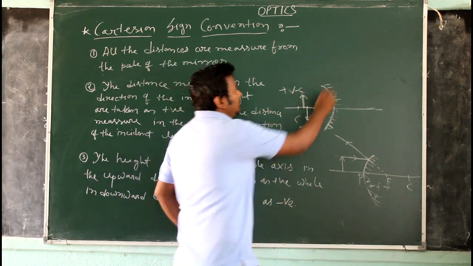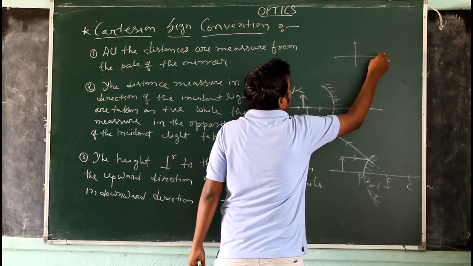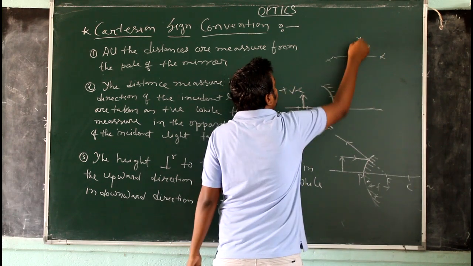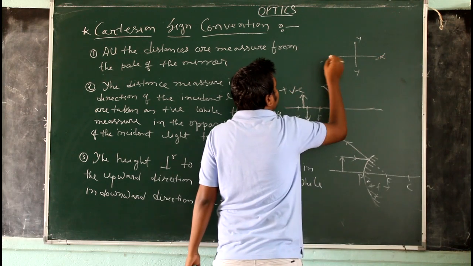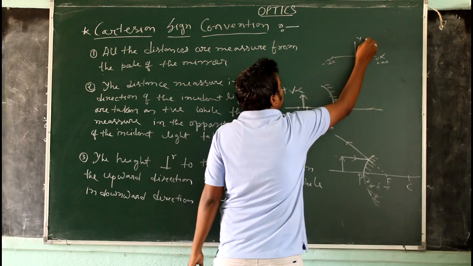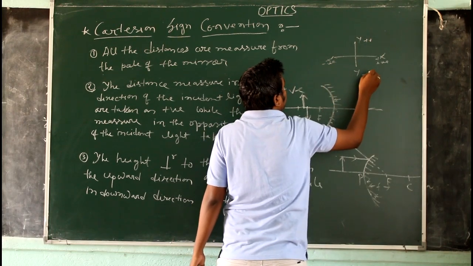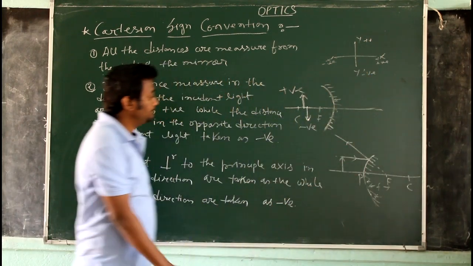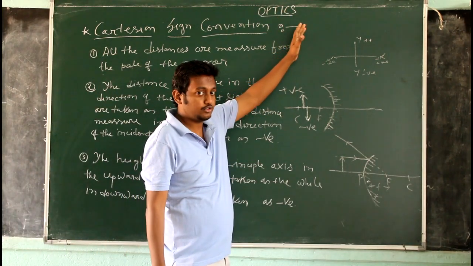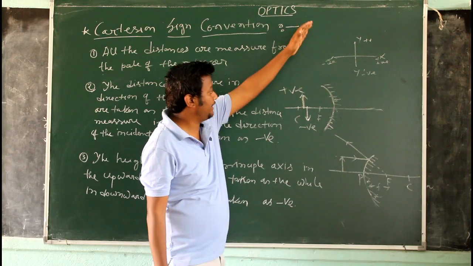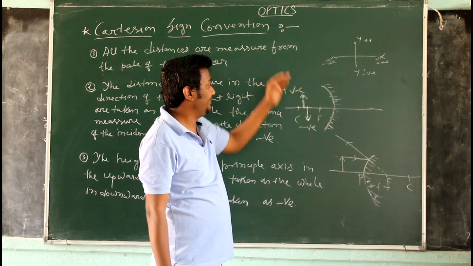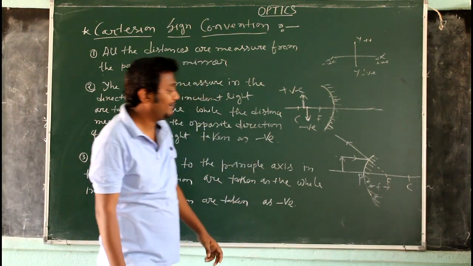If we consider the axes like x', x, y', y, that is plus x, minus x, positive y, negative y, then this will be the positive y-axis. So the distances measured in the positive y-axis are taken to be positive, and in the opposite direction, that is in the negative y-axis, are taken to be negative.